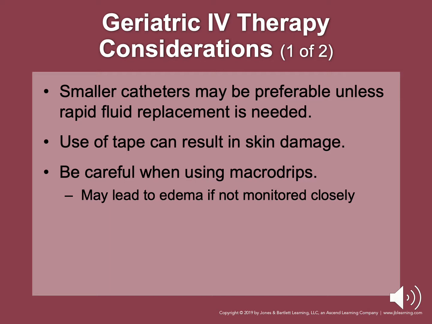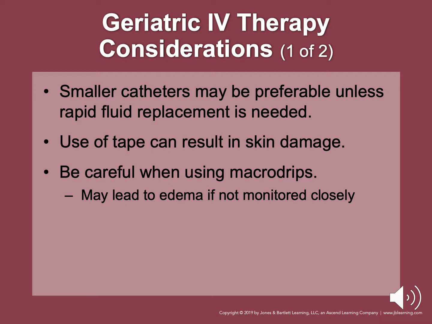Be careful when using macro drips. They may lead to edema if not monitored very closely. Fluid overloading is potentially serious in geriatric and pediatric patients, so monitor fluid administration carefully with all of these patients.